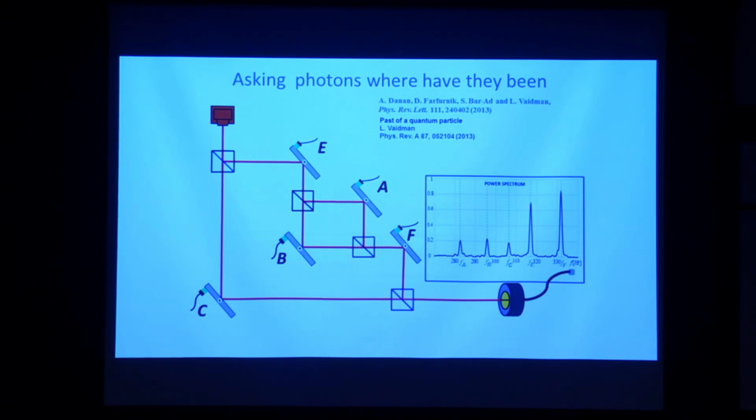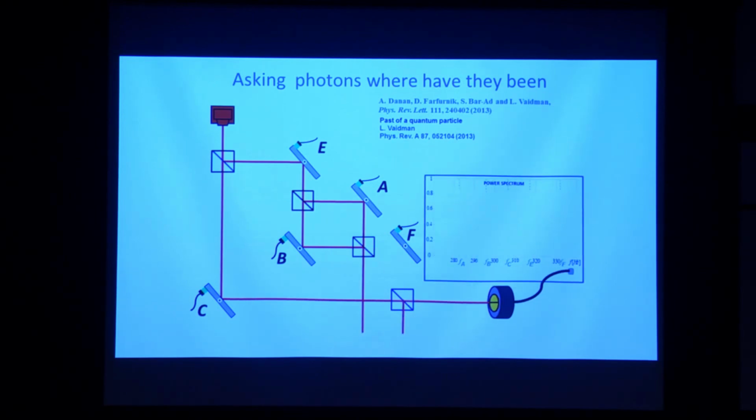Now, what I do, or actually Ariel did, is tune this interferometer to go down, putting this thing on the dark spot of the interferometer. And what happened? I get 3 peaks, but 2 are missing. I get the information from here, and from here, but I do not get any information from here and from here.